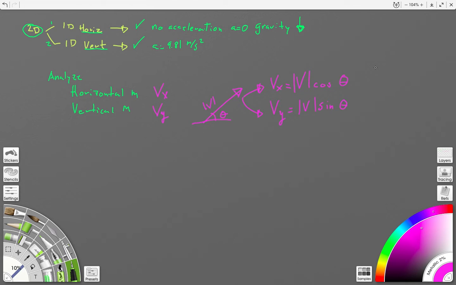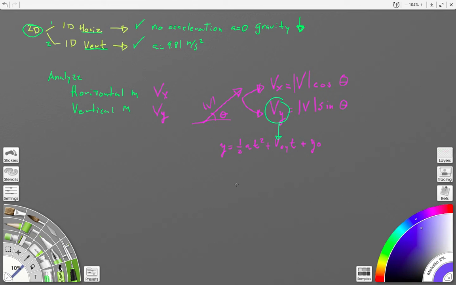So for example, remember this one, let's call it y equals 1/2 a t squared plus v0y times t plus y0. If we're going to be using this position equation with our vertical component of velocity, well, this thing goes here.